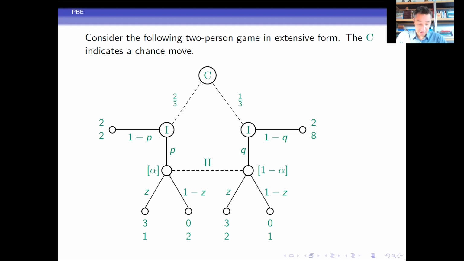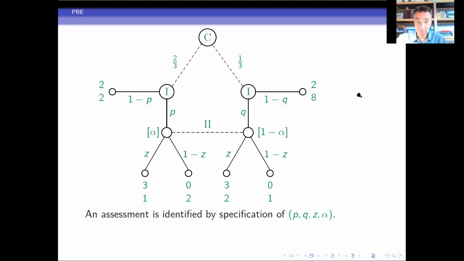You can think of this game as a special case of a cycling game, 2x2, that we looked at, with the special feature that on one side of the diagram, the game simply ends. So it's a simple form of a cycling game. This is the game we're going to analyze, and maybe I can go to the next slide already.